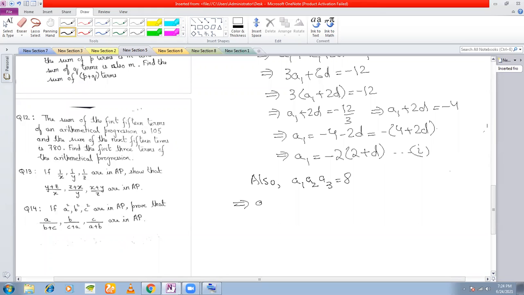So A1 here we write as it is. Instead of A2 we write A1 plus D. And instead of A3 we write A1 plus 2D. So everything has been expressed in terms of A1 and D. Also from 1 what do we see? We know A1 in terms of D. So we put it here. A1 here we have got minus 2 into 2 plus D. Right?